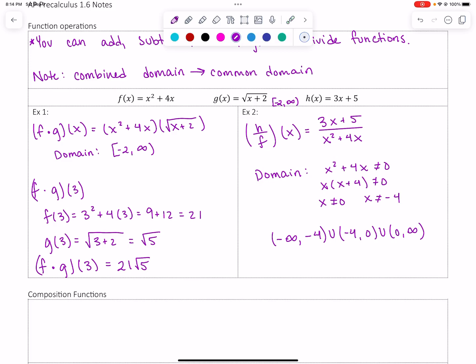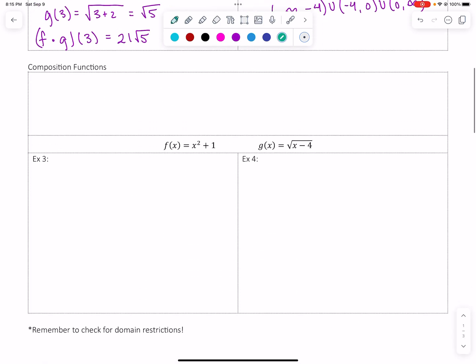So besides function operations, we of course have composites of functions. And we love composites because what it is is running one function through another.